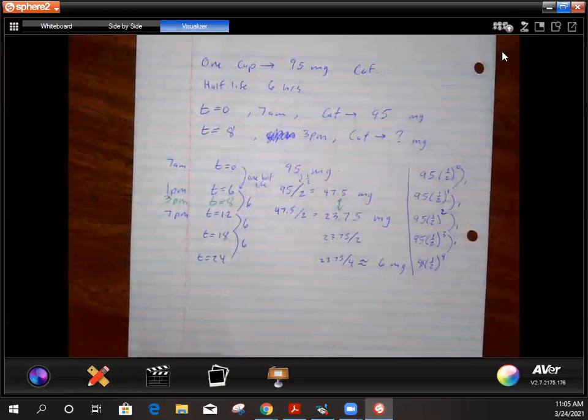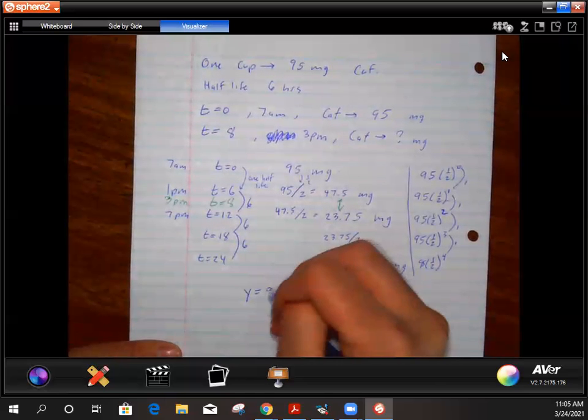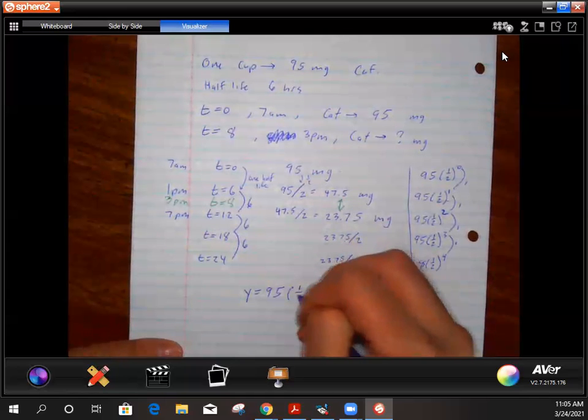All right, so what we could do for our model is write it as y equals 95, where that's your initial amount, and y is the amount of caffeine in your body at any time, times 1/2.